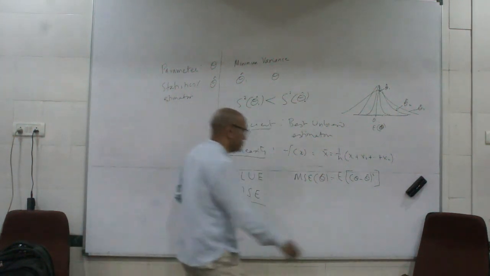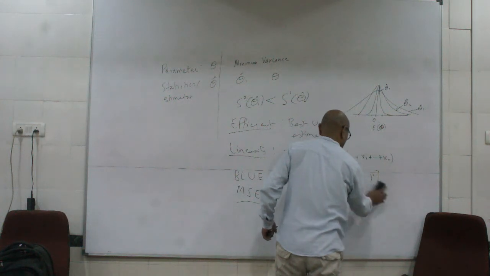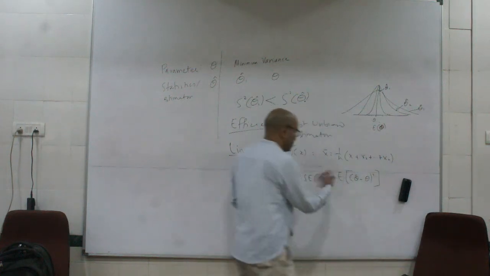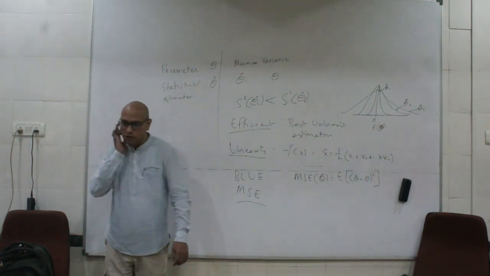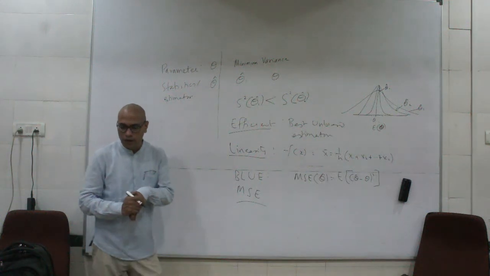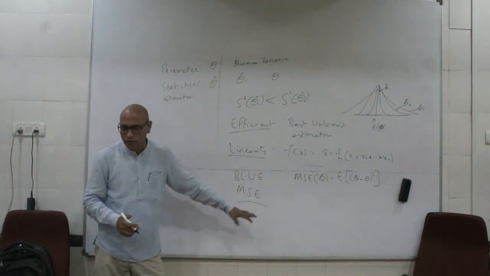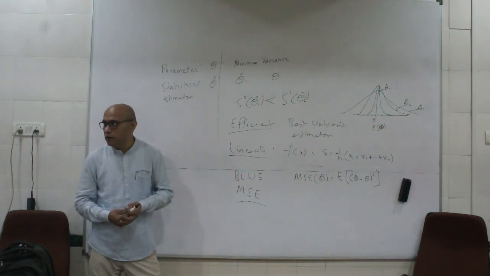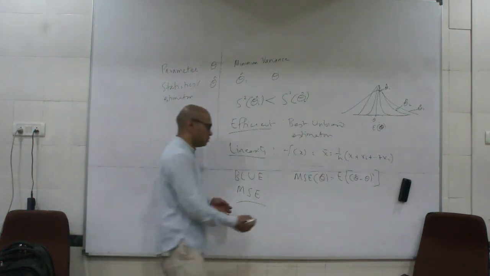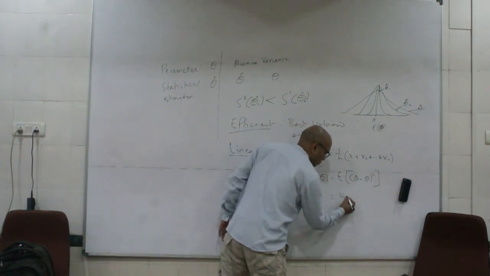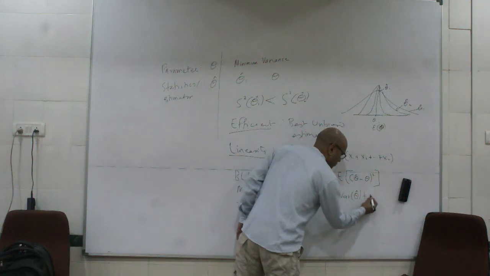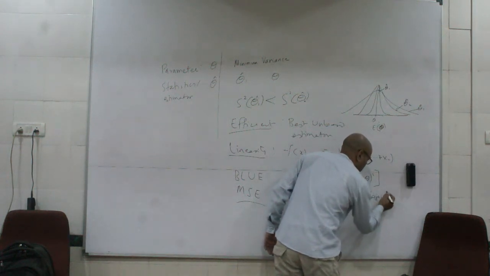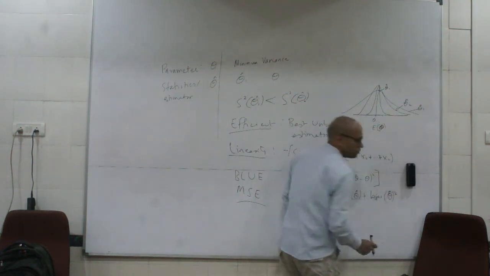Actually, other way around, we are doing theta hat minus theta. Makes little difference, but just to be consistent. So if we solve this, it comes to the variance of theta hat plus the bias of theta hat squared.